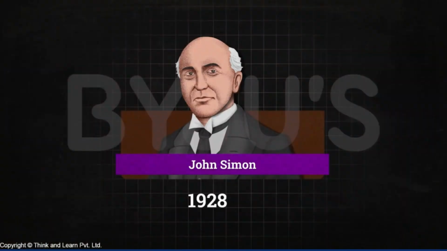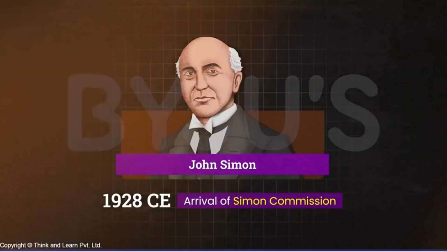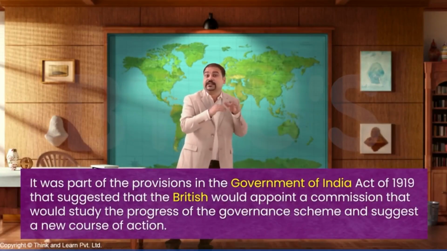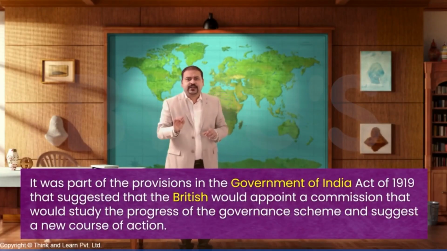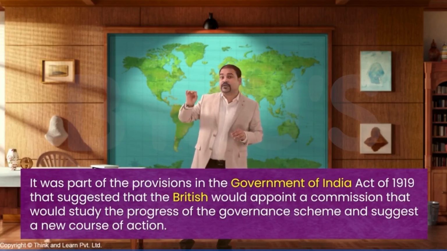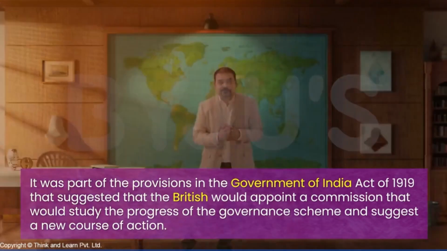Another significant event during this decade was the arrival of the Simon Commission. In 1928, the British appointed an all-English member commission under the chairmanship of Sir John Simon to evaluate constitutional reforms needed in the future. It was a part of the provision in the Government of India Act of 1919 that suggested that the British would appoint a commission that would study the progress of the governance scheme and suggest a new course of action.